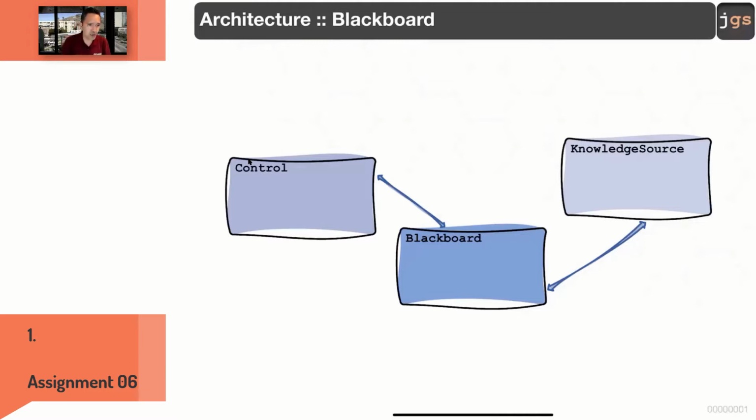Your repository for the data is going to be a Blackboard, and you're going to have connected with the Blackboard this idea of control. Control is what we call, in my analogy, the professor, and you're going to have this source knowledge, what I call in my example, the student. Blackboard, control, and knowledge source.